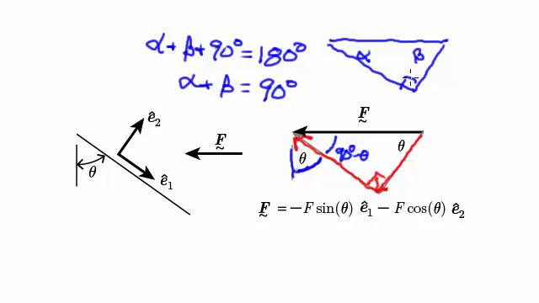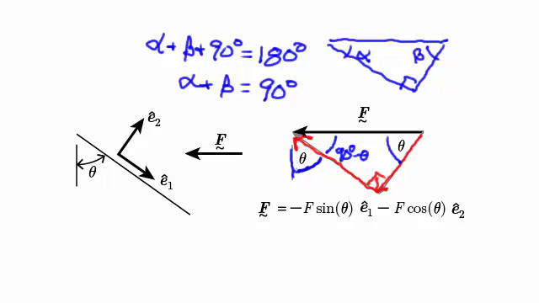So these two angles have to add up to 90 degrees, that one and that one. So, look at that. If this angle right here is 90 degrees minus theta, then this angle right here has to be theta. So now I've defined my signs in terms of the angle that's given to me.